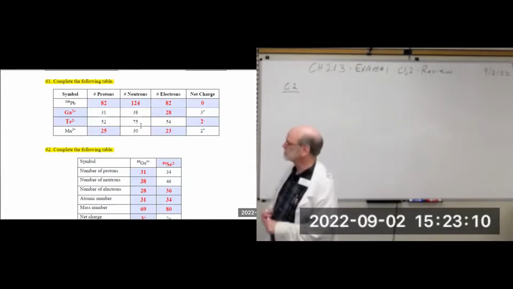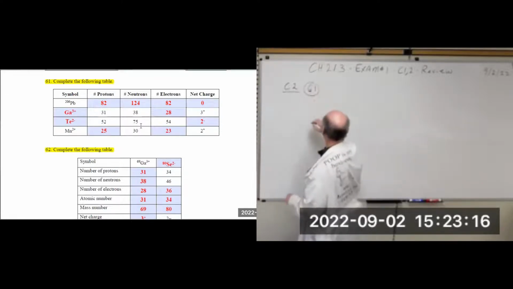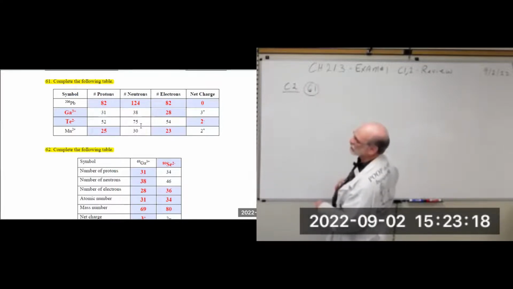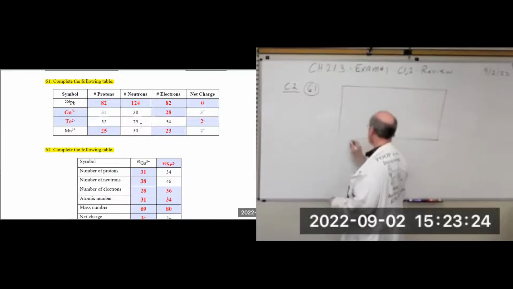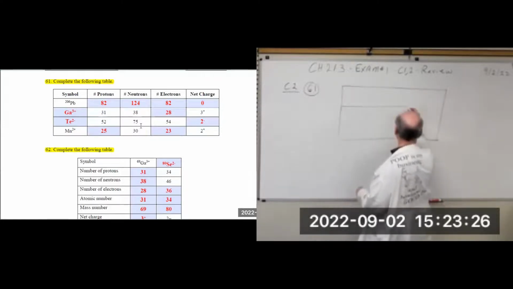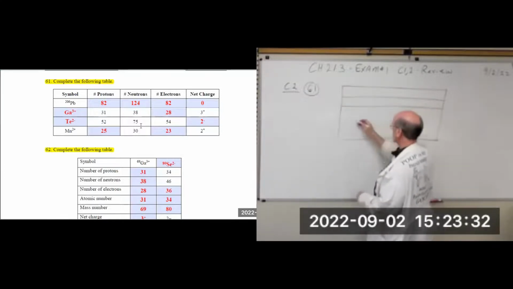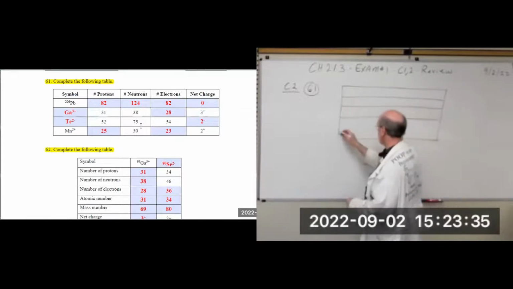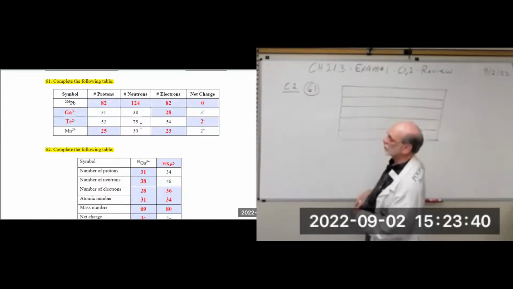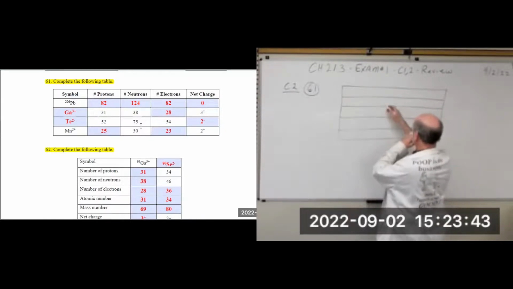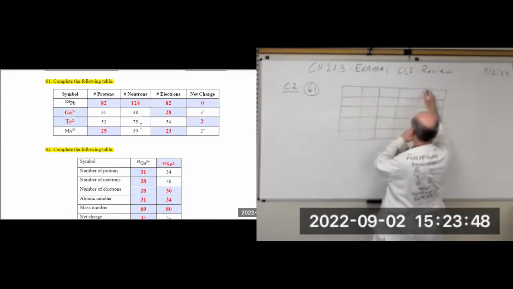All right, so what we've got here is 61. We got a table with 1, 2, 3, 4, 5 columns across.